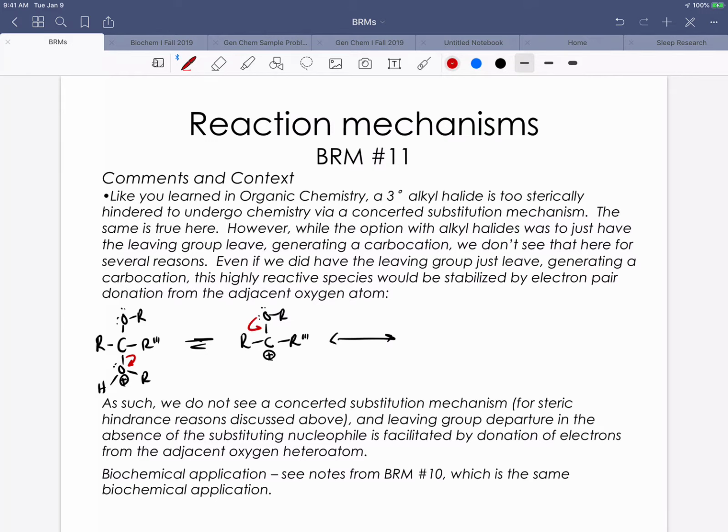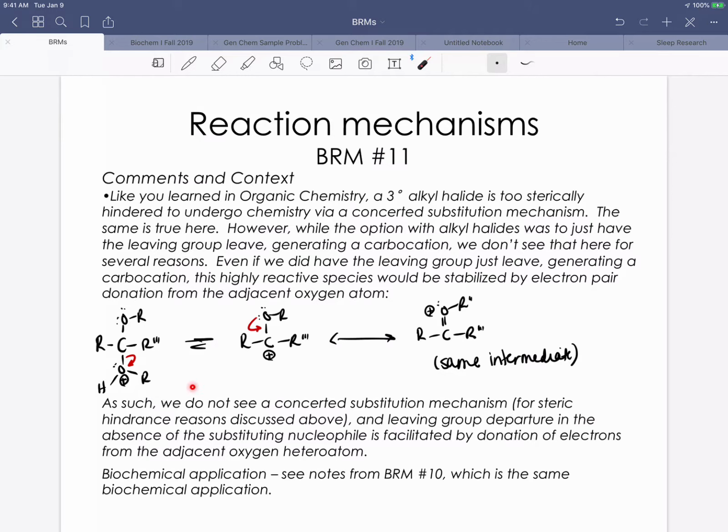We could draw a resonance structure that has electron donation from that adjacent heteroatom to generate an intermediate that is the same intermediate we had within the correct mechanism. So just highlighting that this is the same intermediate that we saw before, but we don't get to it by a two-step reaction.